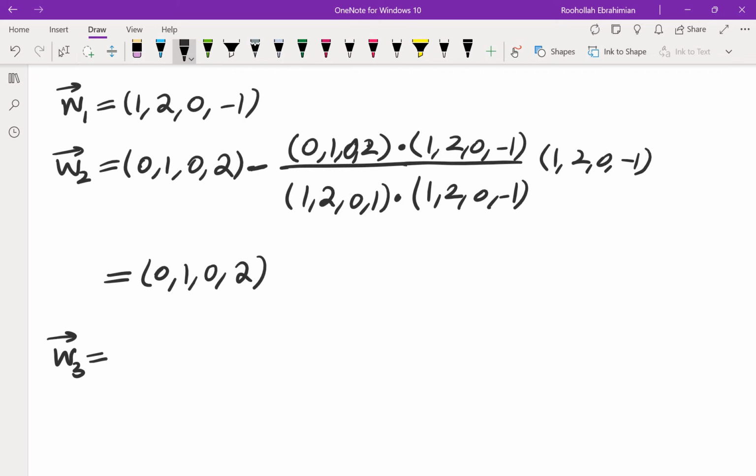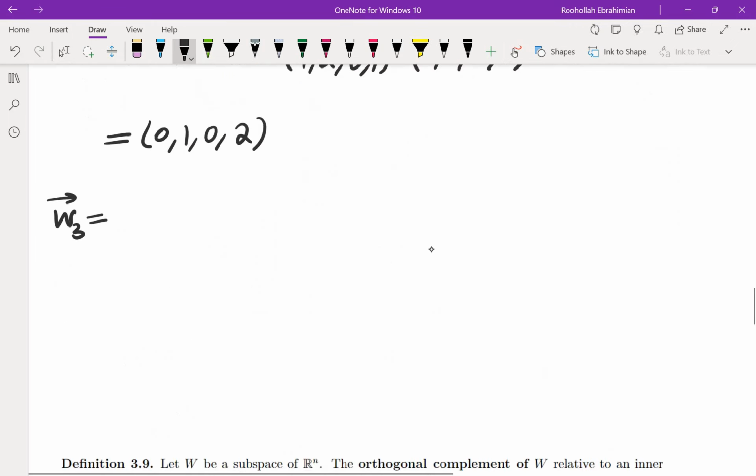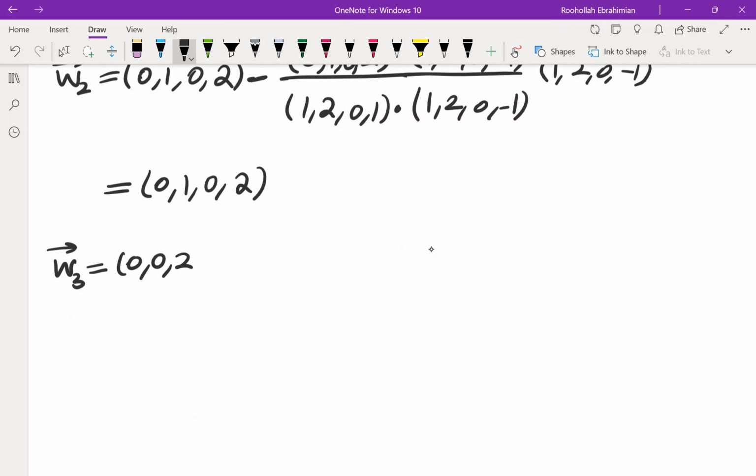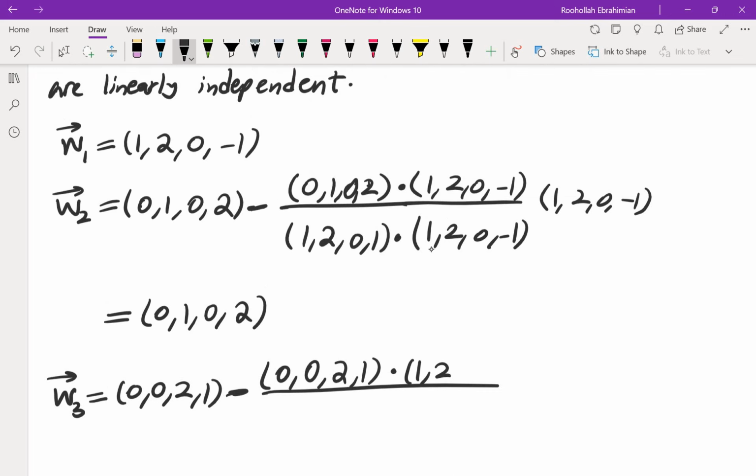W3 would be V3, the third vector, which is 0, 0, 2, 1, minus the projection of this vector onto the previous W's. So the first one is 1, 2, 0, negative 1, divided by 1, 2, 0, negative 1. By the way, this was negative 1. I had a typo there, but it didn't really matter at the end.